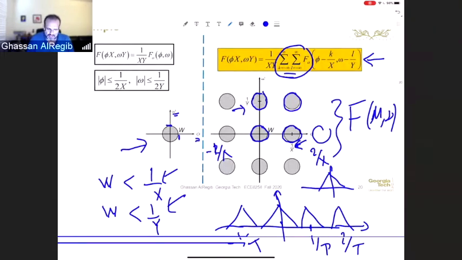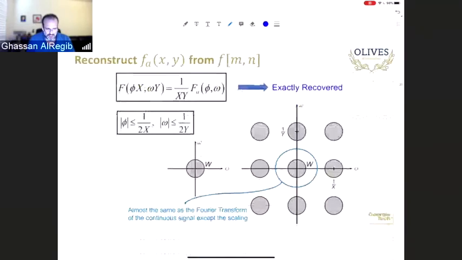And in a minute, we'll see why that is important. But this is just an illustration of the meaning of this equation that relates capital F sub A and capital F.